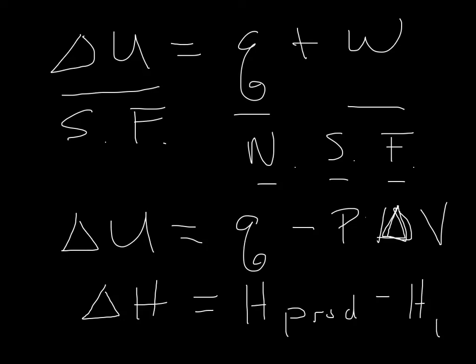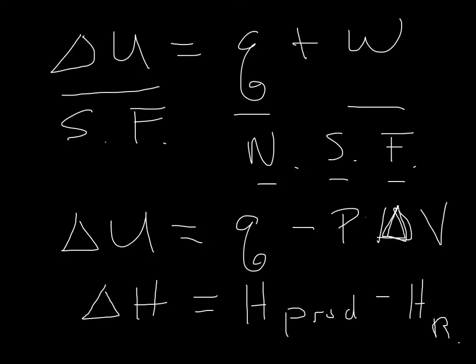We just know that it is a thermodynamic function, and we found out earlier that the change in the enthalpy is equal to the amount of heat under constant pressure conditions.